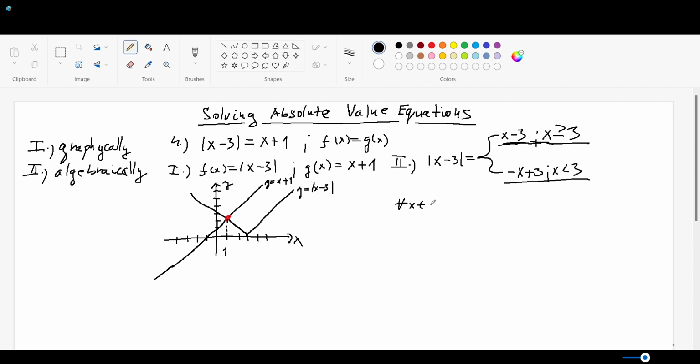If x is from the interval, it must be closed, 3 to infinity, then our equation will become x minus 3 is equal to x plus 1. Please note that on this interval our g of x is x plus 1, and it will remain the same for the second interval. If I don't forget, I will stress this again.